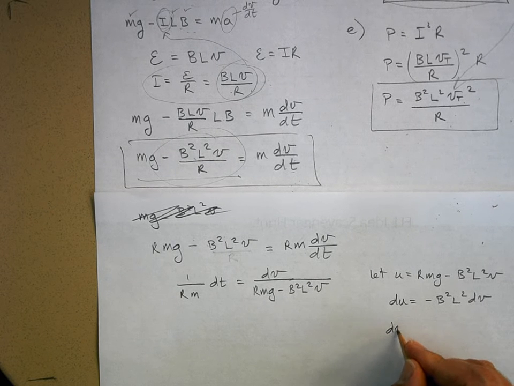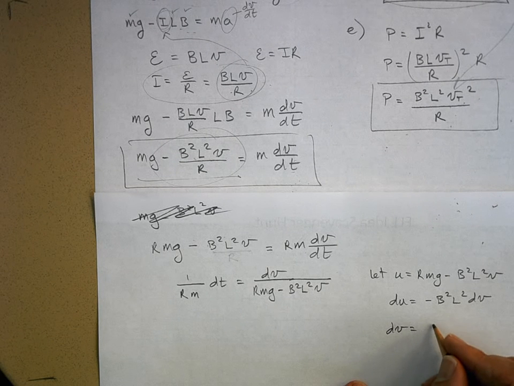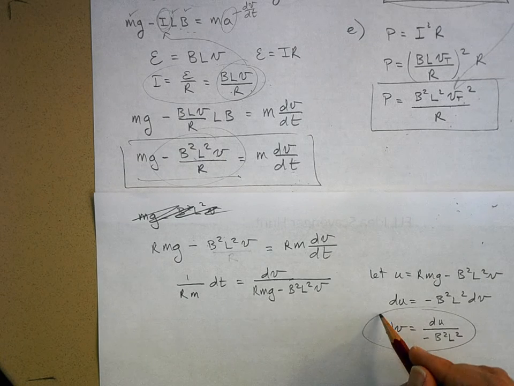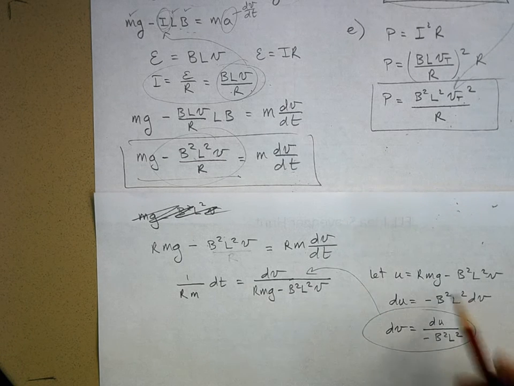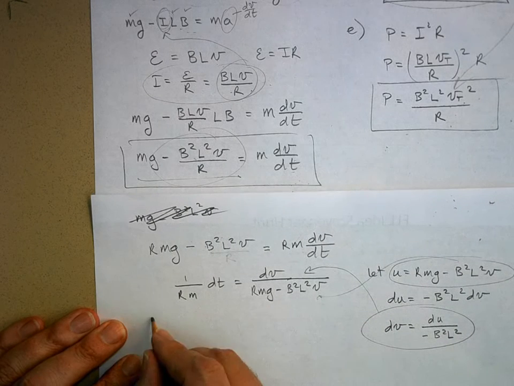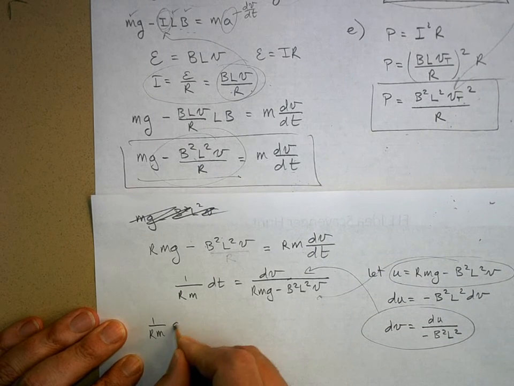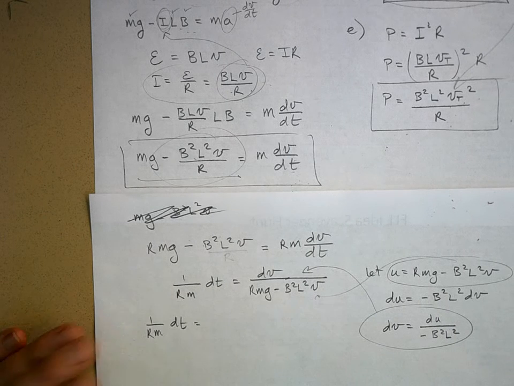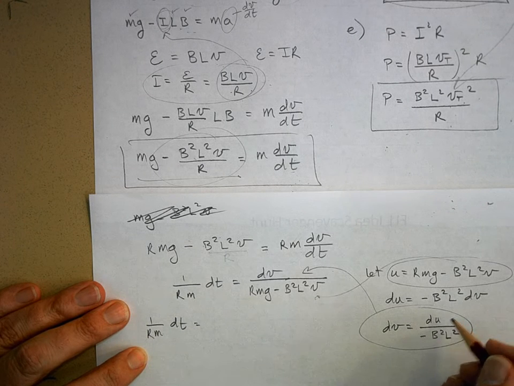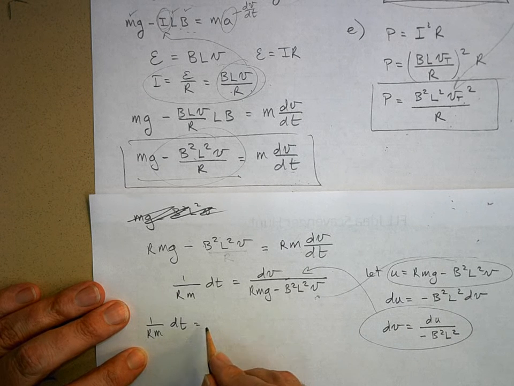So dv equals du over negative b squared L squared. So I'm going to substitute that in for dv. I'm going to substitute this in for the denominator, so I get 1 over rm times dt is equal to, oh, okay, that makes sense.